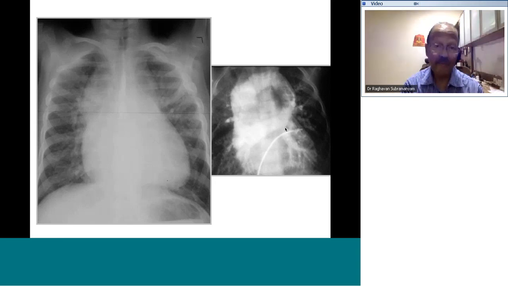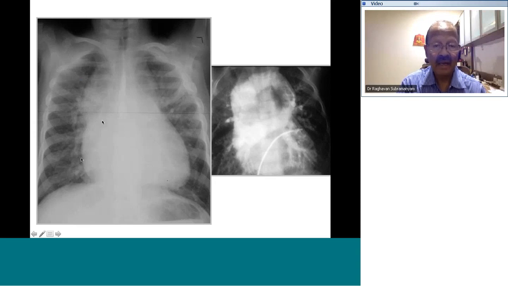Mind you, this is not enough. You can have a snowman appearance in many other conditions. If you have a large superior mediastinal tumor, if you have a large thymus, if you have some other mass in the superior mediastinum, you could very well have the same appearance. Along with this sign, you must have cardiomegaly and plethora.